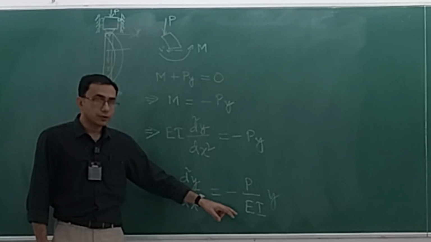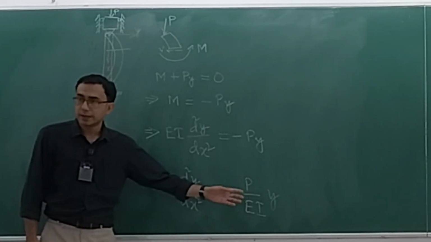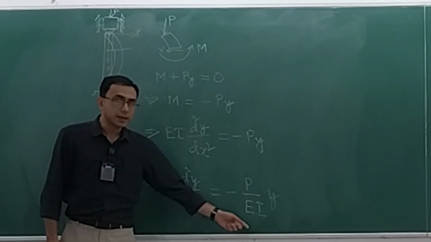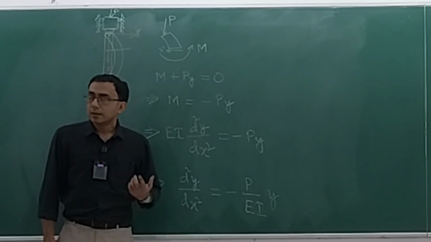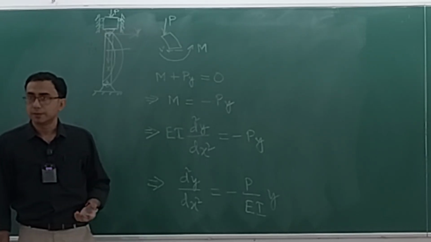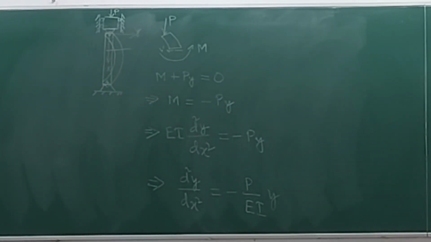So instead of writing P by EI again and again, because we have to do a lot of mathematical manipulation from now on, I'll encapsulate this P by EI in a single variable. But in order to depict that it is a positive entity, I'll put a square over it. This is a trick that you know from your JEE days. If there is a positive entity, we put a square over it.